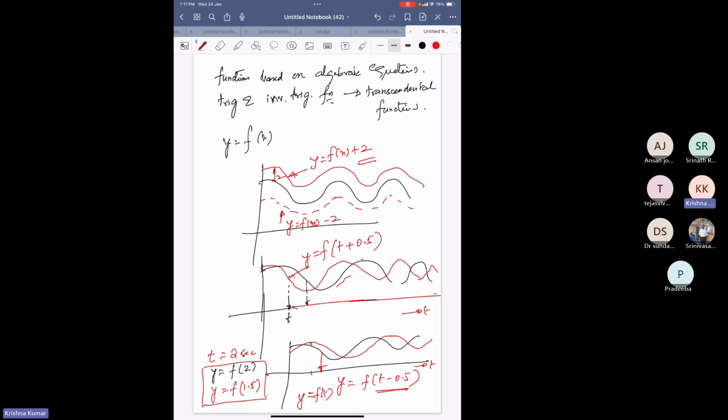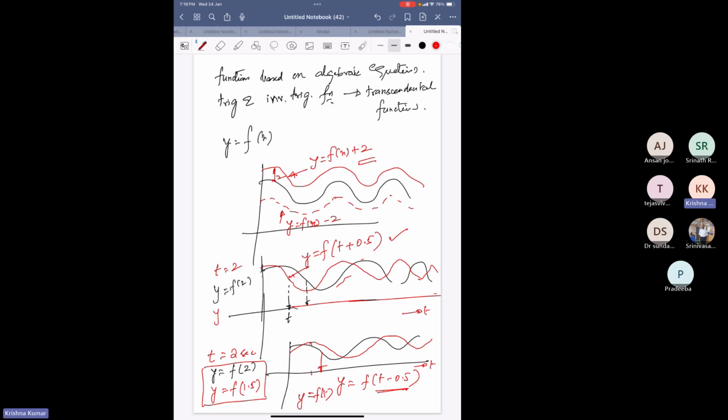You would see that it looks as if it's shifted to the right, but actually what has happened is it has happened earlier. In the same way, in the other case, it is going to happen later. Understood? So there, t is equal to 2, so we have y equal to function of 2.